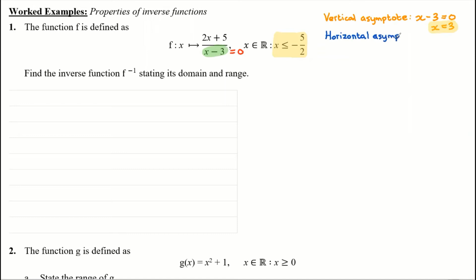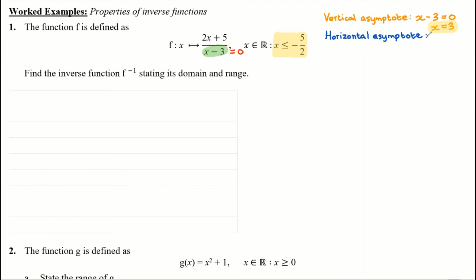You can see what the horizontal asymptote would be by just doing away with the +5 and the -3. Simply because if you put in huge values of x, such as x is 1 million, adding 5 to 2 million is not going to do much. Neither is subtracting 3 from 1 million. You've essentially still got 1 million.